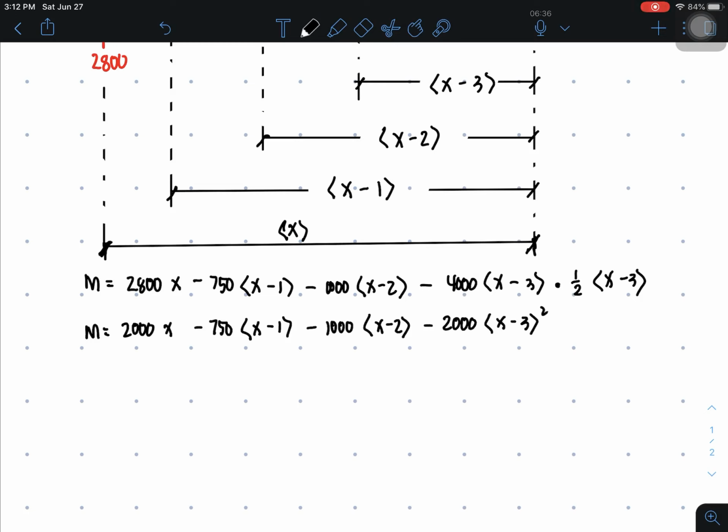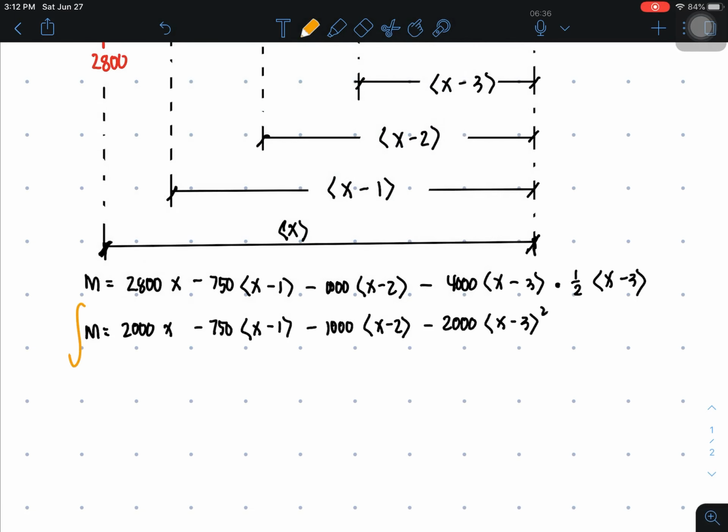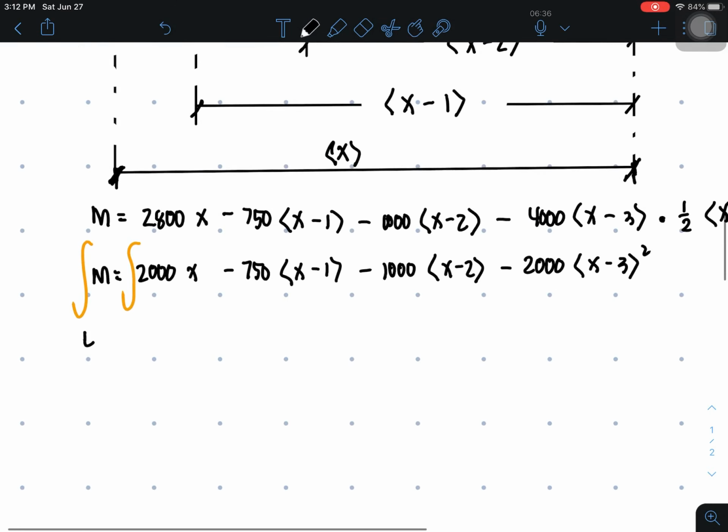Okay. So, with this, we can now integrate and we will obtain now the slope equation. This is 2,800.